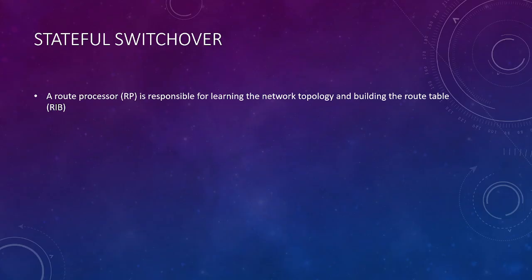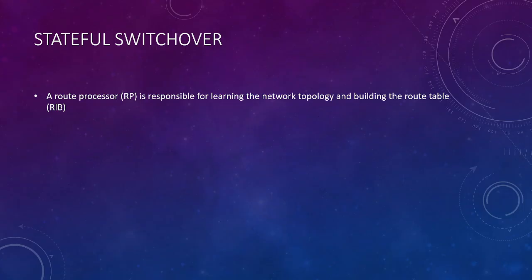You have a route processor, the RP, which maintains the network topology, learns IP addresses, MAC addresses and all the protocols, and builds the RIB. Basically there are two CPUs that they call the route processor. Like my Lenovo laptop has an Intel CPU, similarly there will be two CPUs in the higher-end hardware devices.